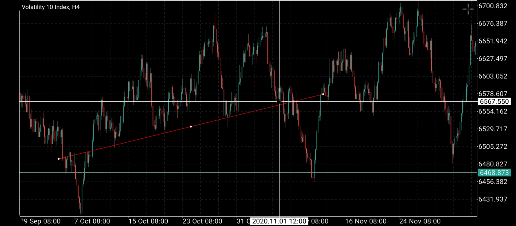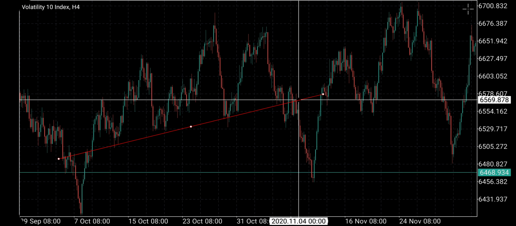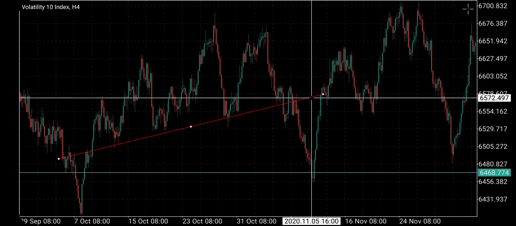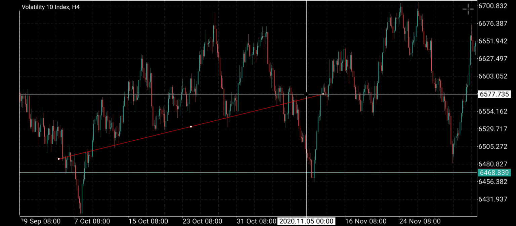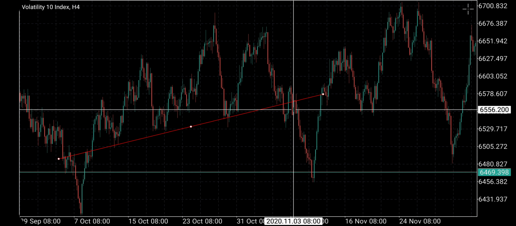Now let me tell you, this pattern is not complete if the market does not break the neckline. The market has to drop below the neckline for the head and shoulders pattern to be complete. Okay, I have to say it again.